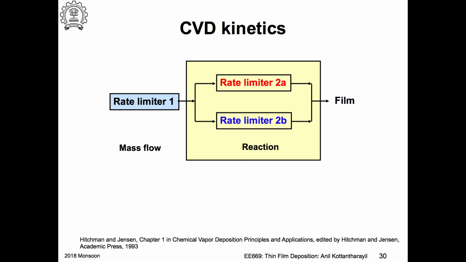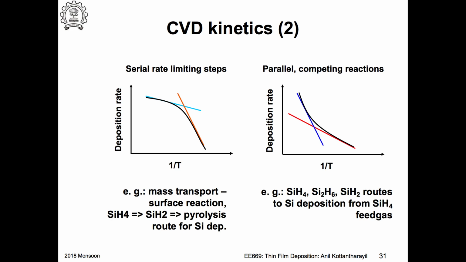On the other hand, the production of silylene by decomposition of silane is a sequential process, right? If you take that route, it would be coming like this. So then you get the film, and we have discussed how the overall reaction rate looks.